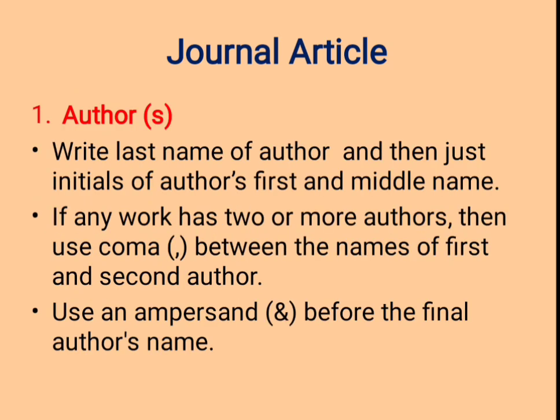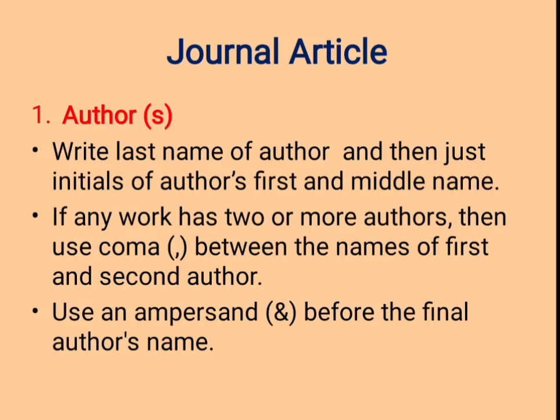Number 1, author. Write the last name of the author and then just initials of the author's first name and middle name. We have to write only the last name of any specific author. Then we have to write just initials, the first letter of the author's first name and middle name.